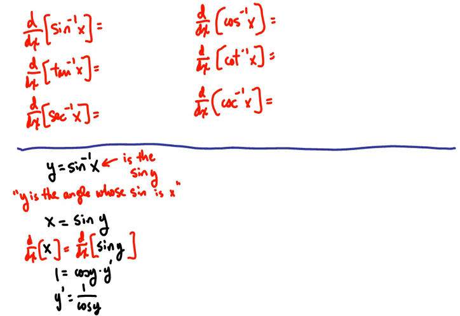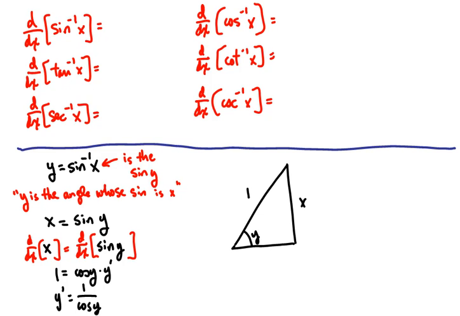The way we go about doing this is to make a right triangle based on the underlying assumption of this problem, and that is that y is the angle whose sine is x. So y is an angle, and the sine is the opposite over the hypotenuse. If that is x, then that would be x over 1, where the opposite side is x and the hypotenuse is 1.